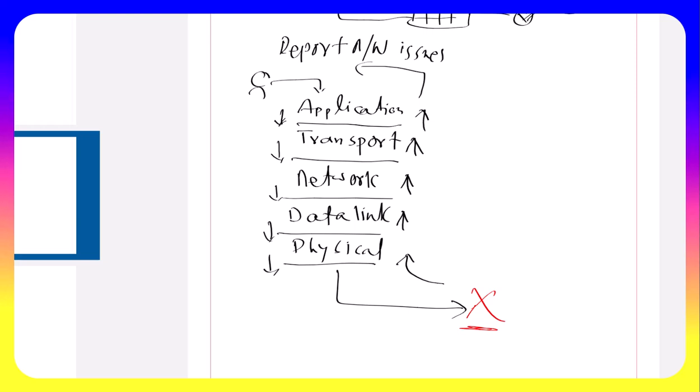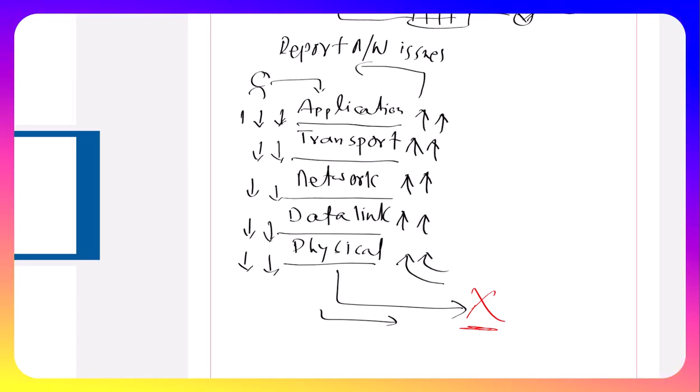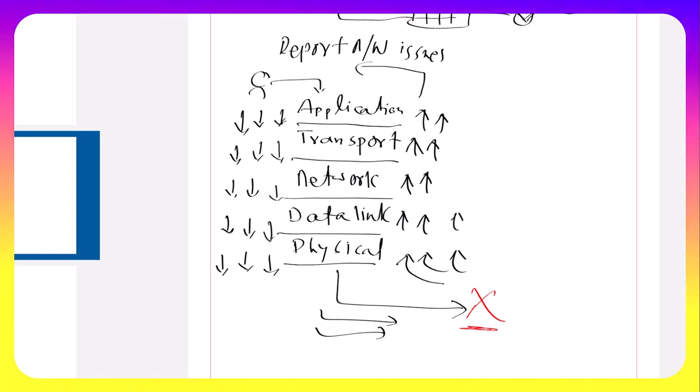Until the issue is there, this process will be repeated again and again, and that's why we call it loopback. A request is forwarded, but there is a network issue. Report back. Request forwarded. Issue exists. Report back.